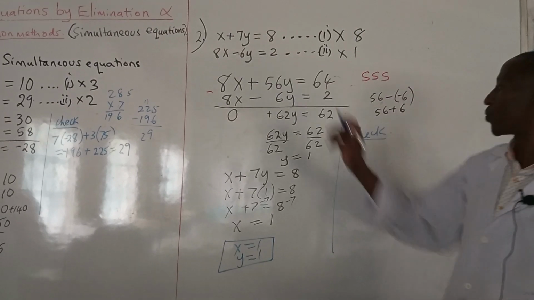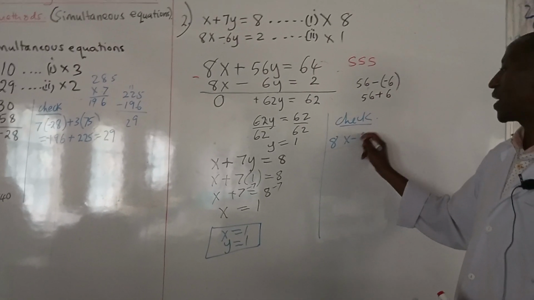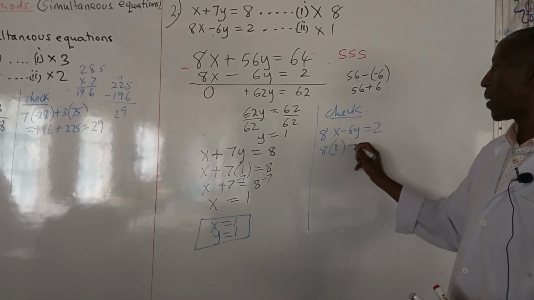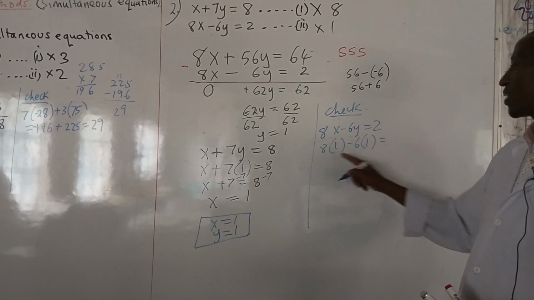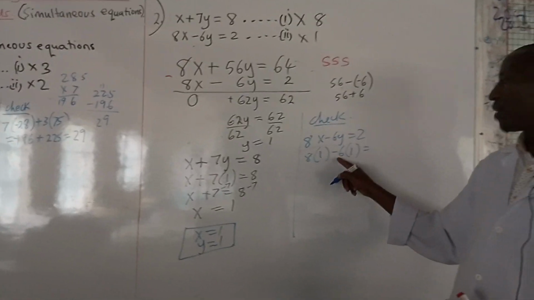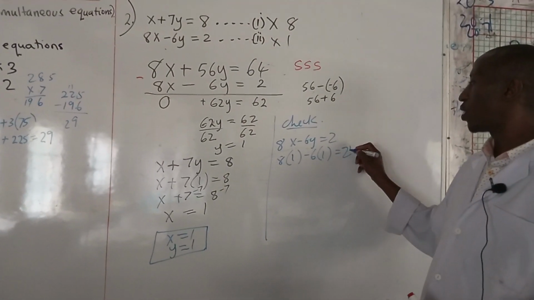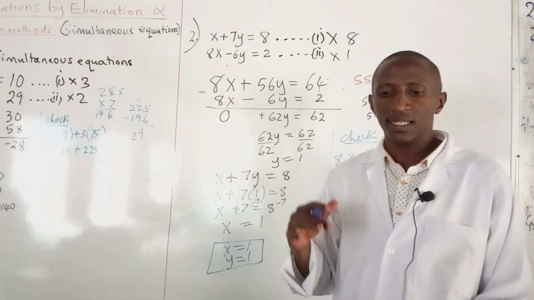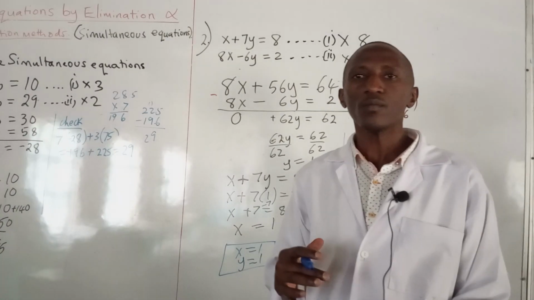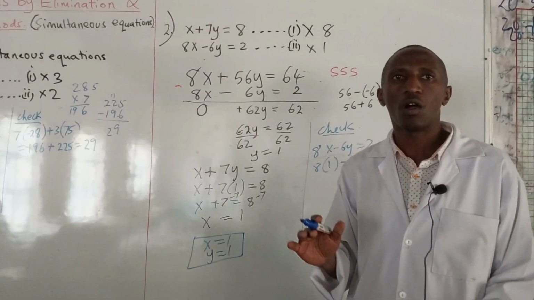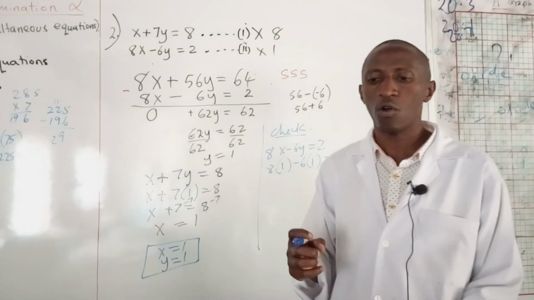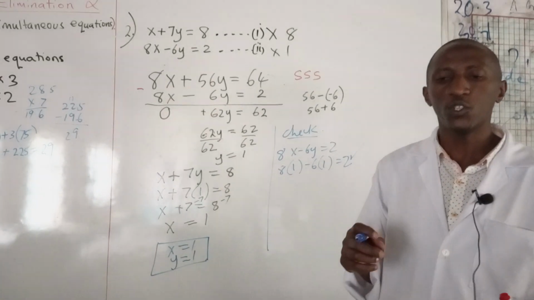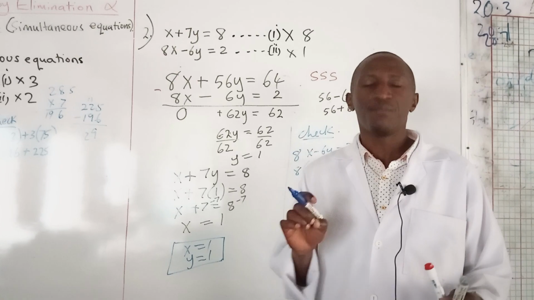Let us use equation 2, whereby you have 8x minus 6y is equal to 2. So we substitute 8 into 1 minus 6 into 1, and we get 8 times 1 is 8 minus 6 is equal to 2. So that is correct. So viewers, that is the approach that we call substitution. In our next example, we are going to look at elimination.